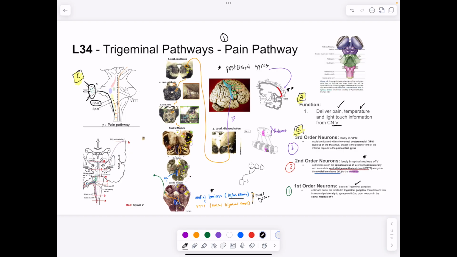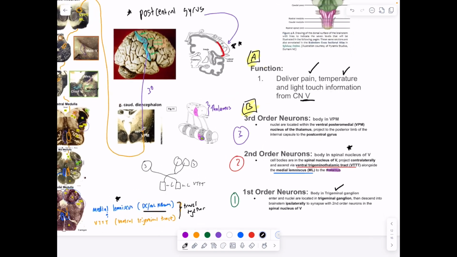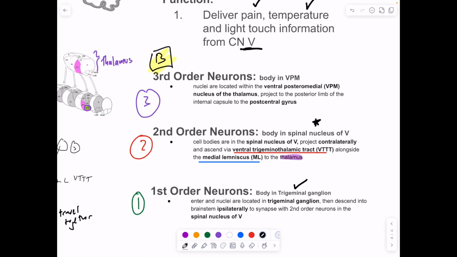So this time, we're going to synapse in the 3rd amigo, number 3, and then we're going to send our axon contralaterally into medial lemniscus. Technically, it's not medial lemniscus, but it travels with the medial lemniscus, the same area, VTTT. We just love it when our professors are just like VTTT, ML, and you're like, what? It's slightly uncool.